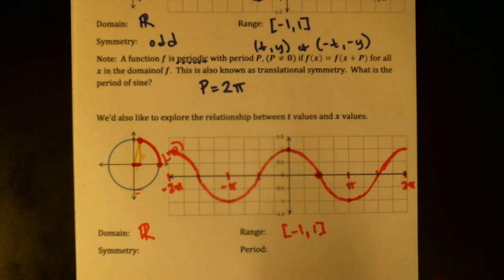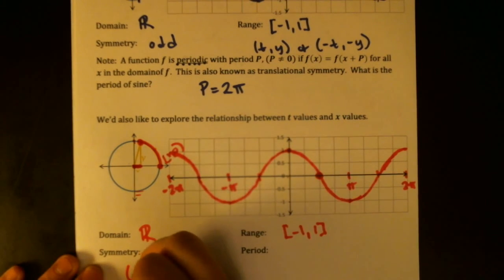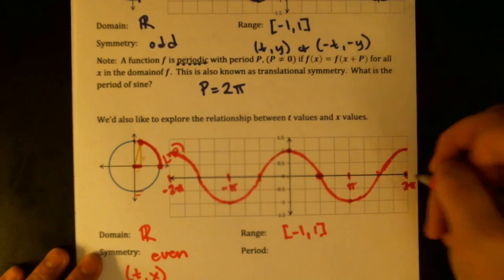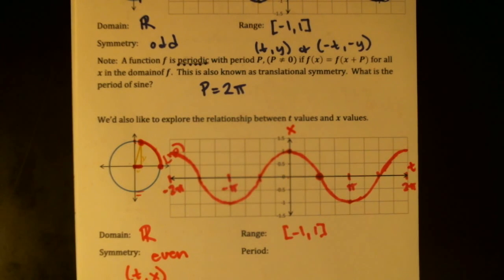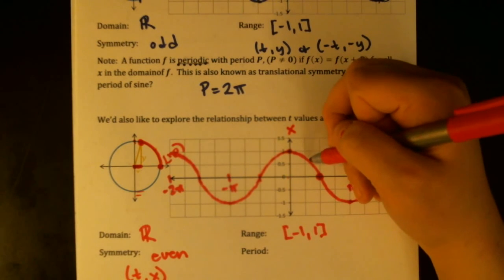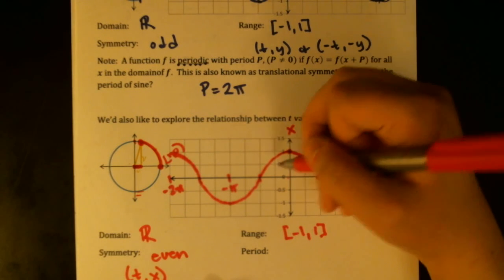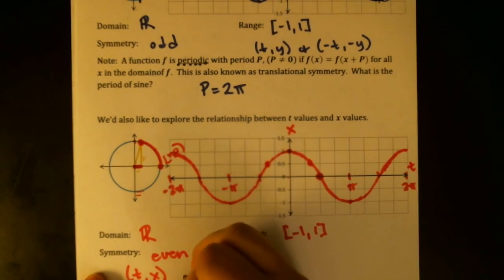I do have symmetry again. This one's symmetric across the y-axis, so that's even, which means if you have a point (t, x), oh, I didn't label these, so this is input t, output x. On the graph, so say this is our point right here, we have a t and an x, then you should have a corresponding point over here that has the opposite t but the same x.